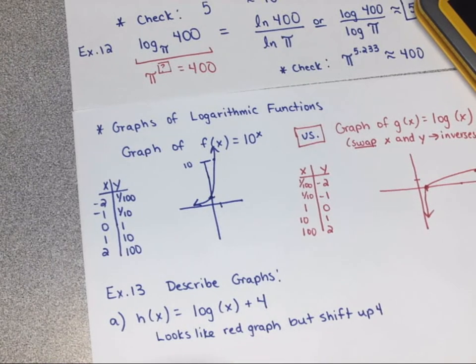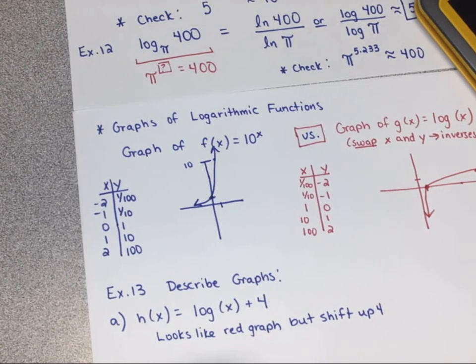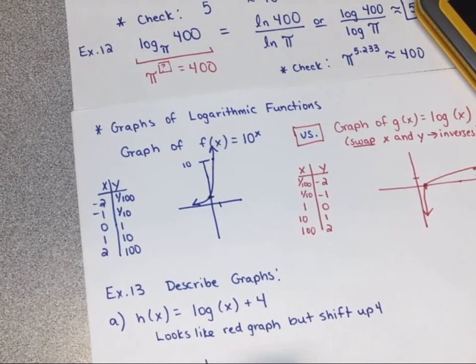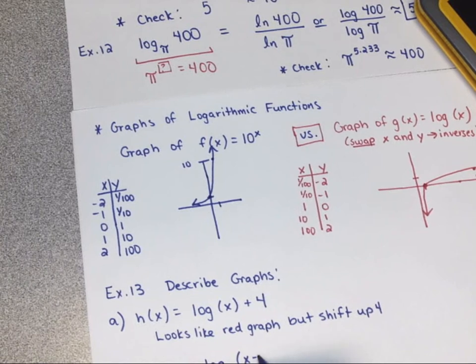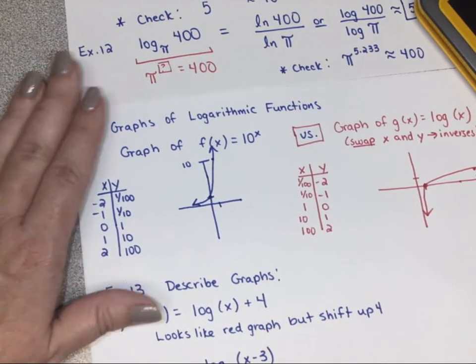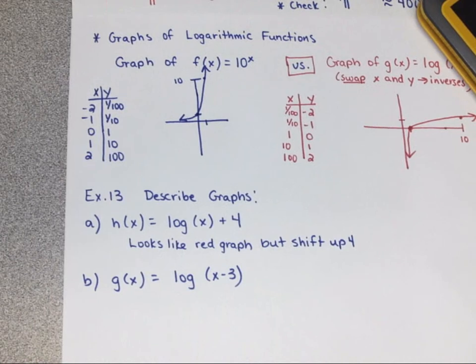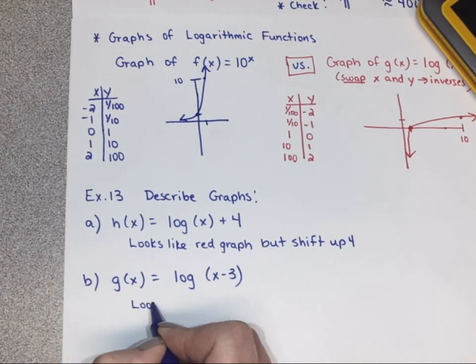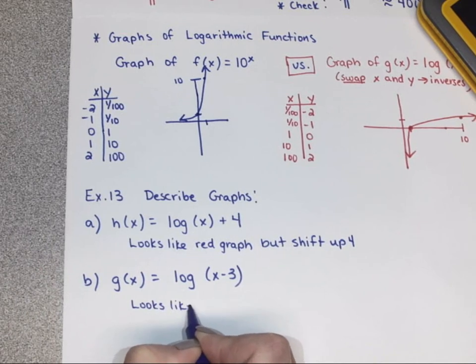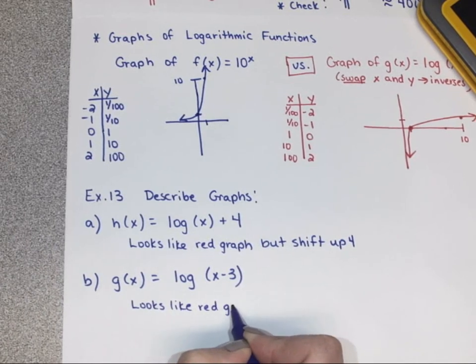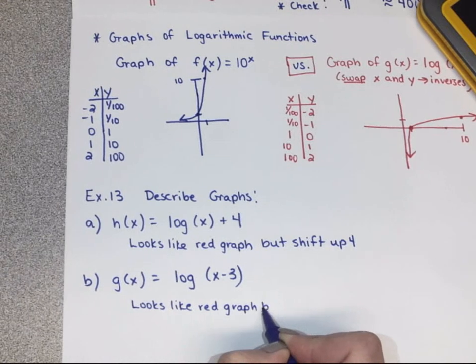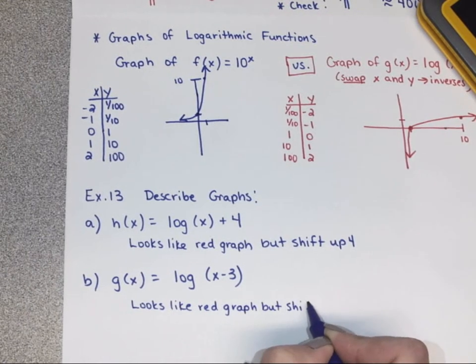So what about g of x equals the log of x minus 3? So notice, rather than the minus 3 being at the end, where is it? It's inside. Okay. So what is this graph going to look like? It's going to look like the red one again, but shifted how? Shift right 3. Remember, it goes opposite.